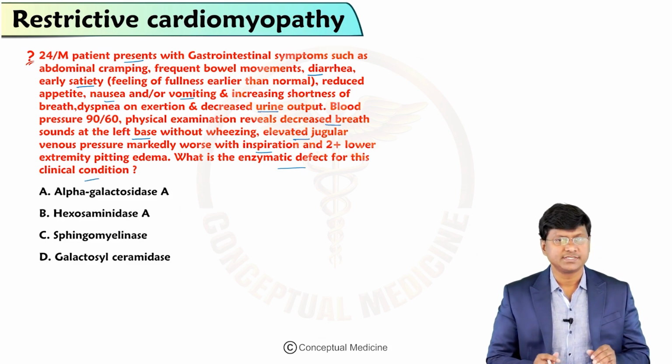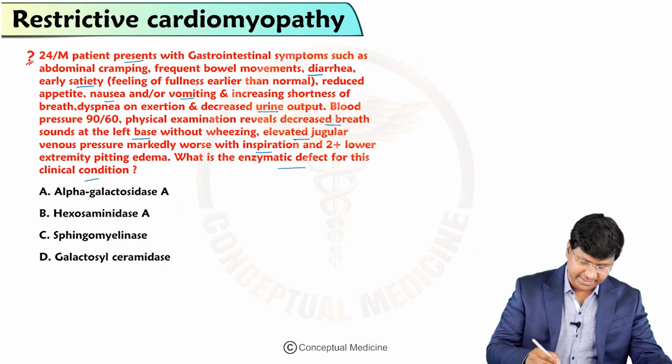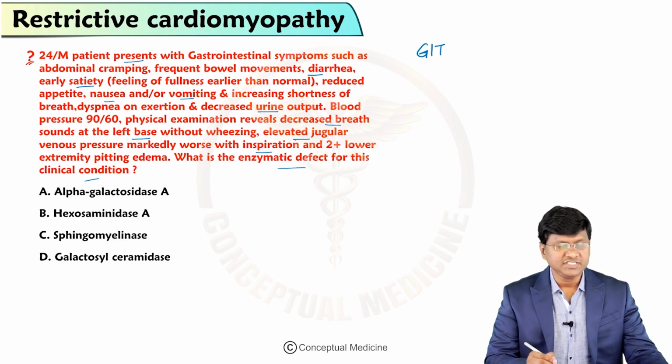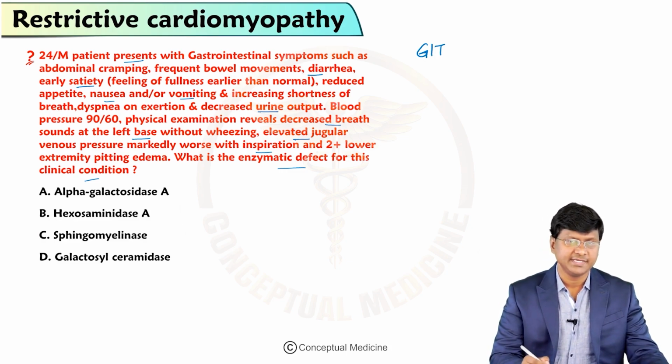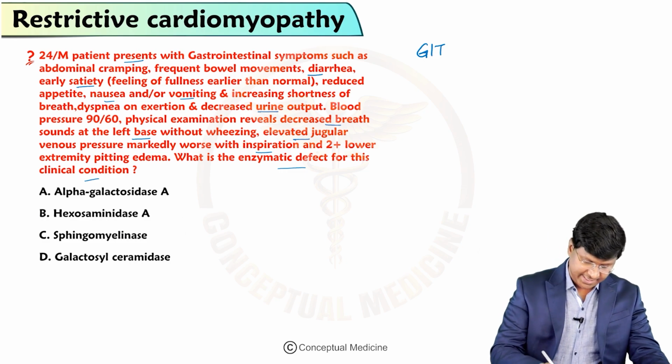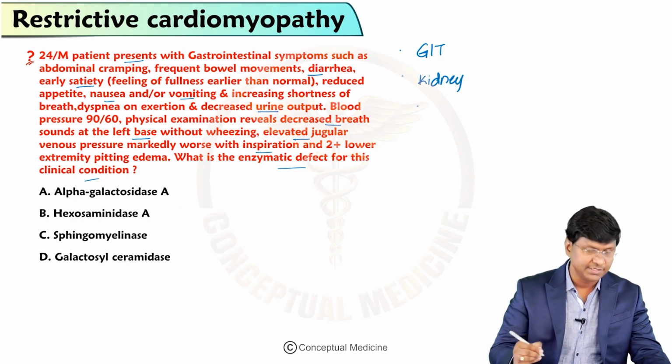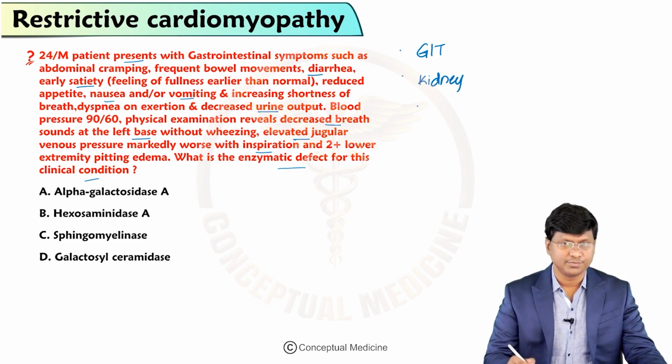So, if you see this clinical scenario, there is multiple system involvement. There is involvement of the GIT, in the form of abdominal cramping, frequent bowel movements, diarrhea and early satiety, and there is also nausea, vomiting. And there is also involvement of the kidney, in the form of the decrease in the urine output.